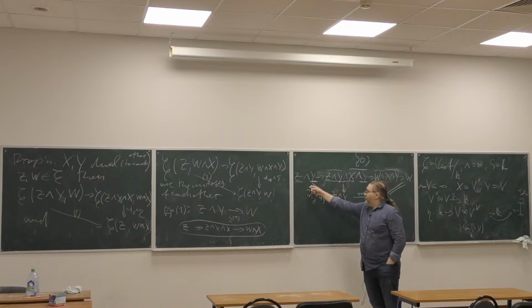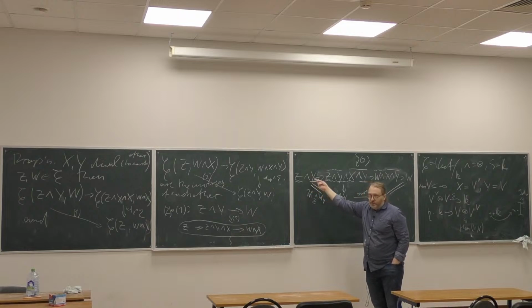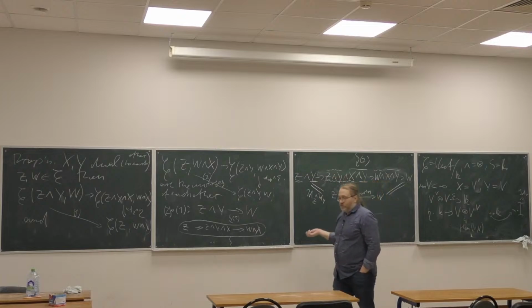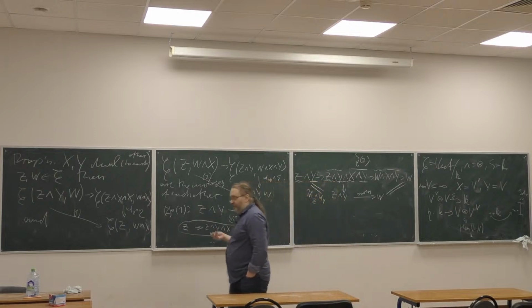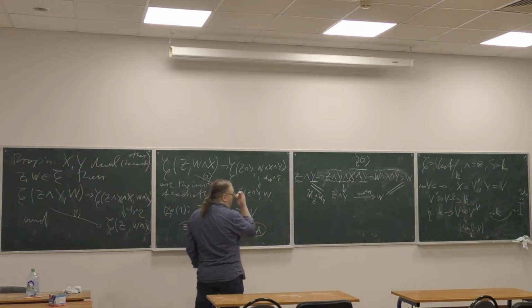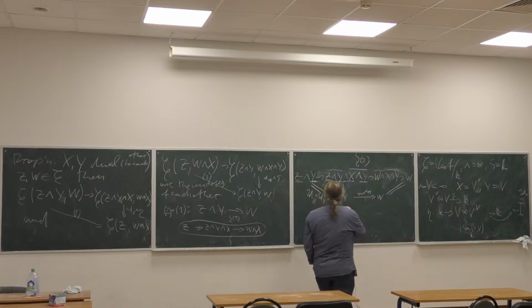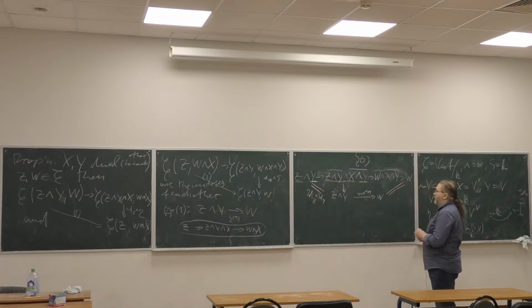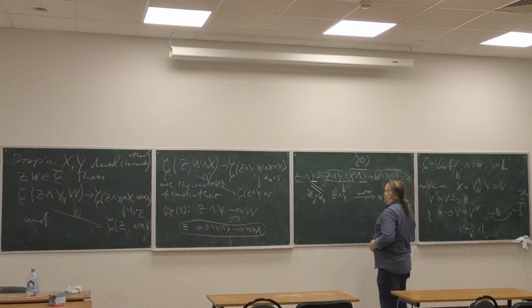So on the Z component, nothing changes. We always use the identity. And on the Y component, we also get the identity because of the definition of dualizable objects. Okay, so this triangle commutes. What about the other one?